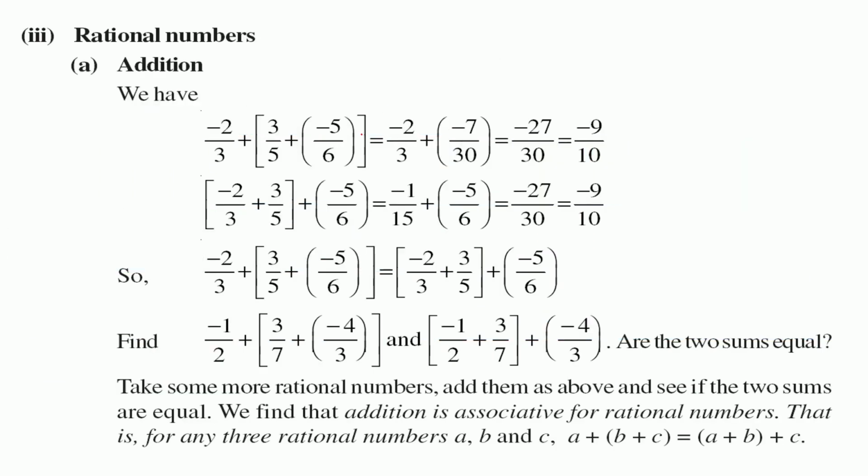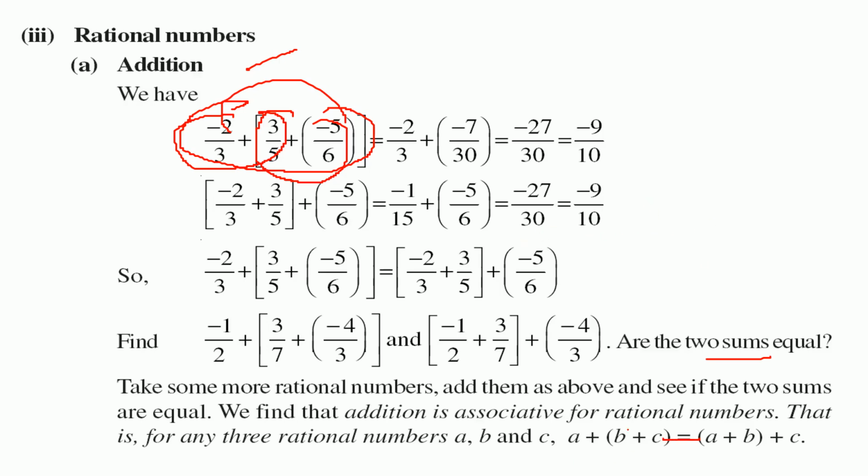Rational numbers. When it comes to addition, when we add in this way, I'm adding these two first, or I can take these two together also. If we see the result closely, these two sums are equal, or any other way you can combine these, the results will be the same.